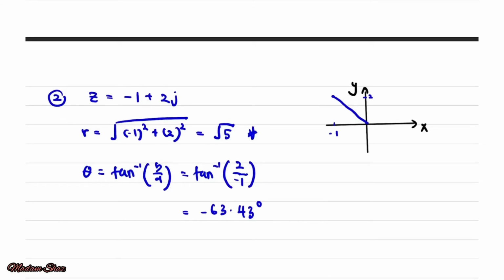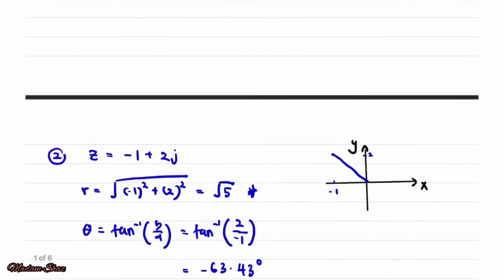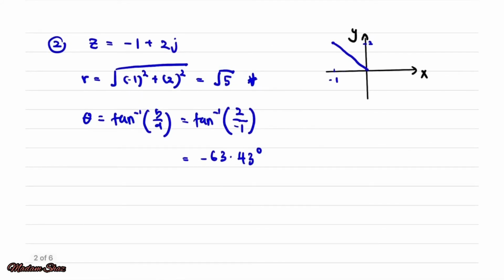So we want to know whether this is our real theta or a reference angle. So before this, the theta that we found here is already the real theta because it moved from the positive x-axis until the complex number. But for the second example, based on our complex number here, is it logical that negative 63.43, if we ignore the negative here, the angle 63.43 is from the positive x-axis until the complex number?